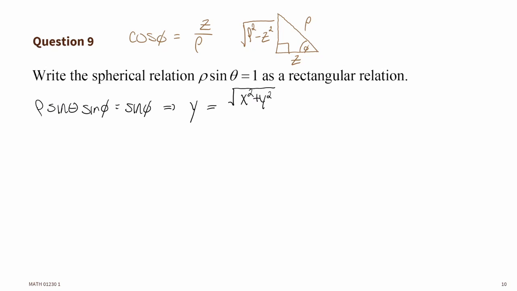Right, one of the relations in spherical is rho squared is x squared plus y squared plus z squared. That's what I'm using. I didn't write it that way for my sanity. I don't have to keep writing it. I just left it as rho. But that's what it actually is. And then over rho, which is this.